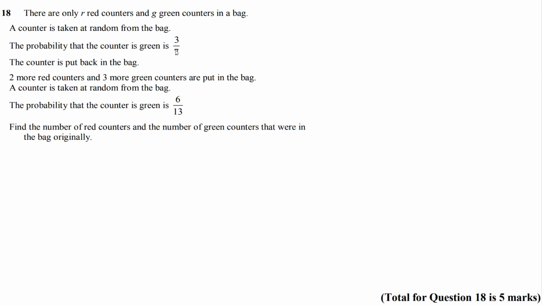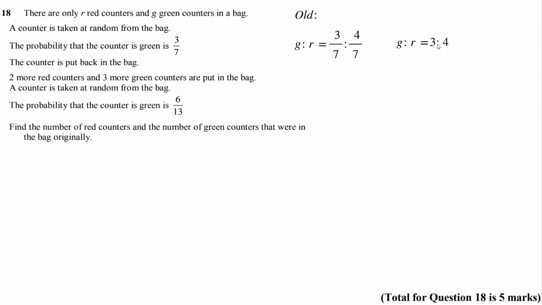So, if we know that originally, the old probabilities, we've got 3/7 is the probability of green. So that means the probability of red is going to be 4/7, because they're only red and green, so the rest must be red. So green to red must be 3/7 to 4/7, which just simplifies to 3 to 4, because you multiply both sides by 7.